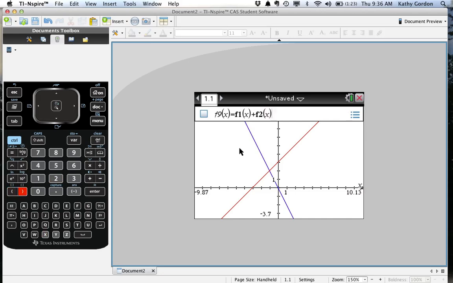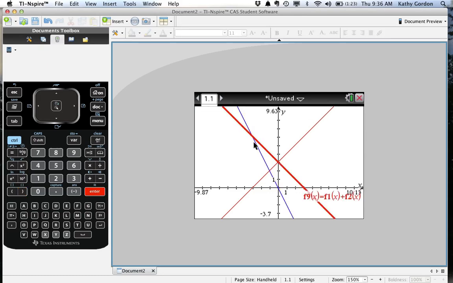And because I already have f1 and f2 defined, you can see here that it changed to a bold print, which means these are already defined functions. And now when I hit enter, you can see I get this new line here in red that is the result of taking y values of each of these x points and putting them together. Okay, let's get rid of this for right now. So this line right here represents the sum of my f and g function.